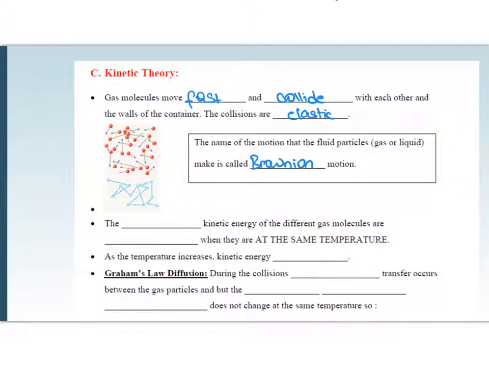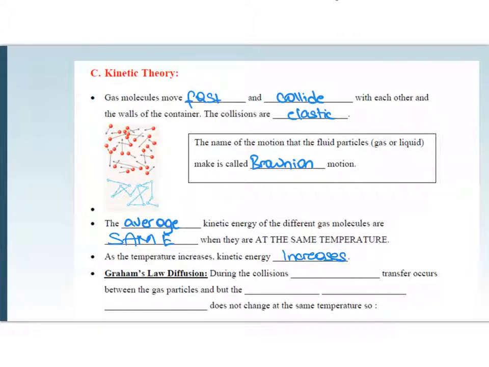So what can you say for the kinetic energy of these gas particles, or any particle in fact? The average kinetic energy of different gas molecules is the same, this is important, when they are at the same temperature. So as the temperature increases, kinetic energy increases also.